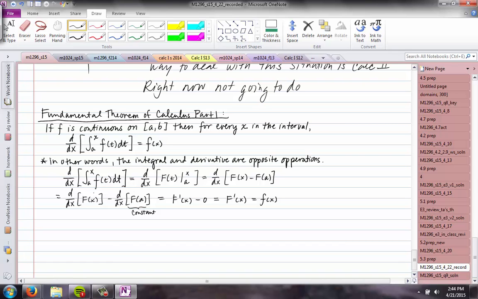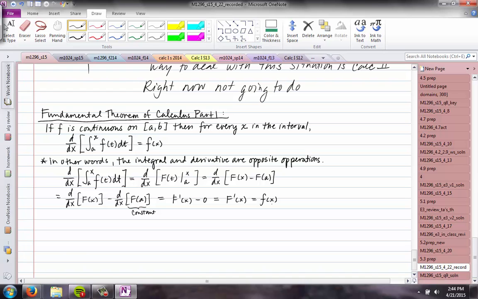If you just look at doing this integral with the fundamental theorem of calculus part 2, the antiderivative of little f of t is big F of t, evaluated from a to x. We plug that in. If you take the derivative with respect to x of big F of x, that's just our definition of the antiderivative, what the F prime should be.